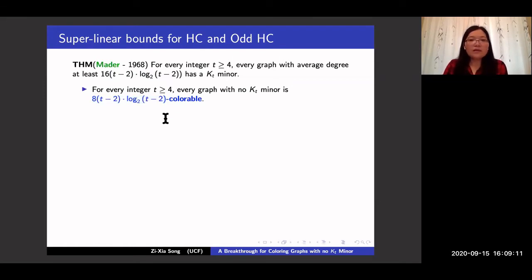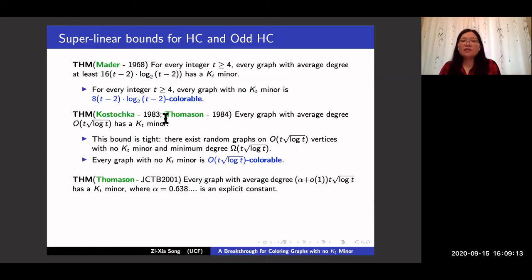And later, Kostochka and Thomason proved that every graph with average degree of big O of t square root log t has a K_t minor. We know this bound is tight, and there is a construction here.